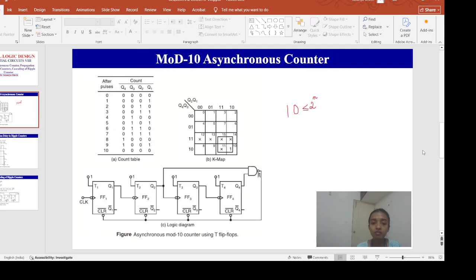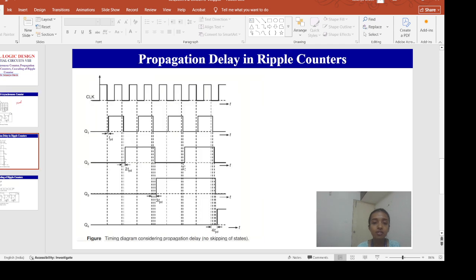In the previous slide, Q2 will change state after the propagation delay of 2tPD, Q3 will change state after 3tPD, and Q4 will change state after 4tPD.